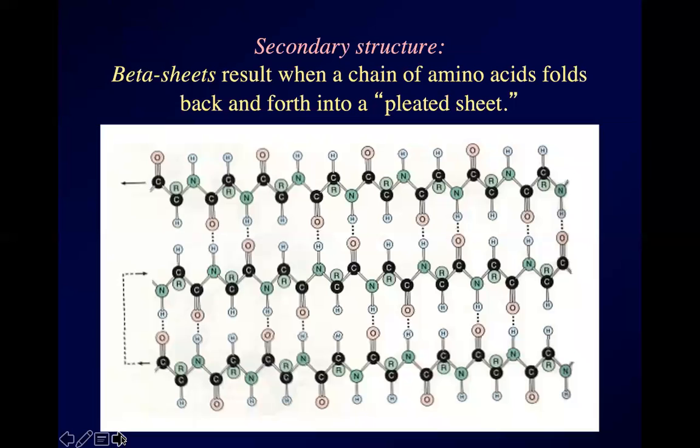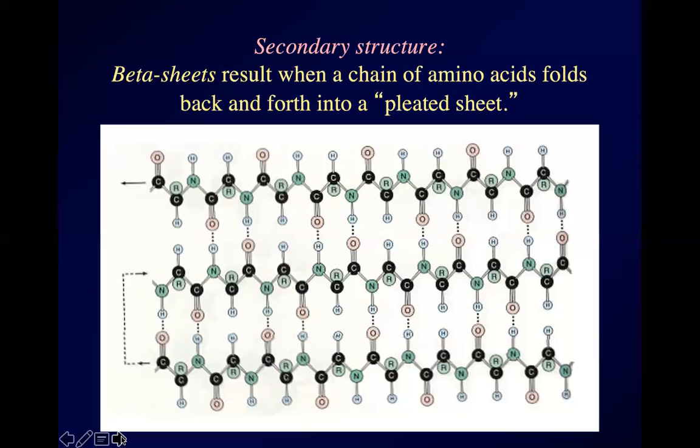The other possibility is that a portion of a chain will, instead of twisting up, kind of zigzag back and forth and create a structure called a pleated sheet. It's not really obvious from this picture, but if you could see all the atoms spread out, they would take on a shape somewhat reminiscent of taking a sheet of paper and folding a fan out of it and then unfolding it so that it's got these folds in a kind of zigzag pattern.